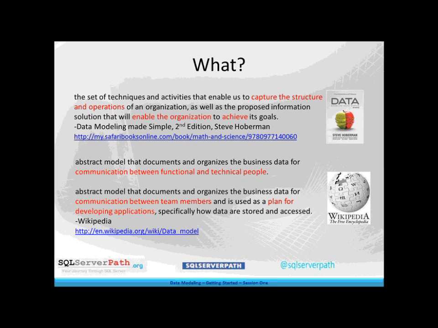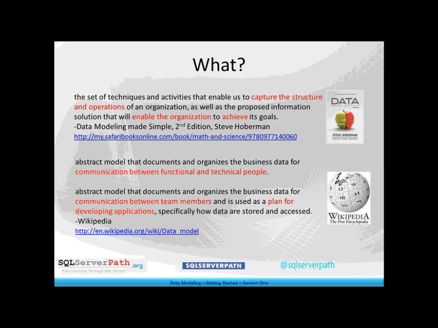And according to Wikipedia, I like the definition that they posted. A data model acts as a bridge between functional people and technical people. So when you sit with your business people and talk about the data model, the business people will understand from their perspective what all the requirements are and how they are satisfied in your solution through the data model.